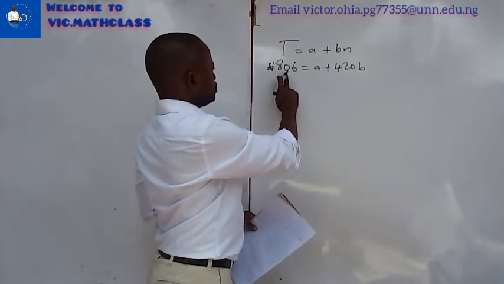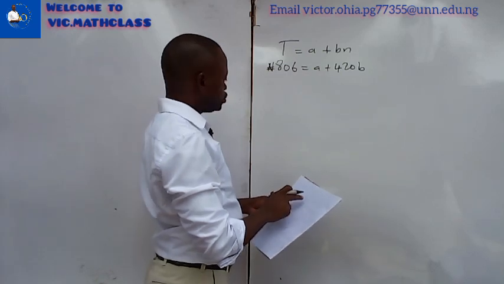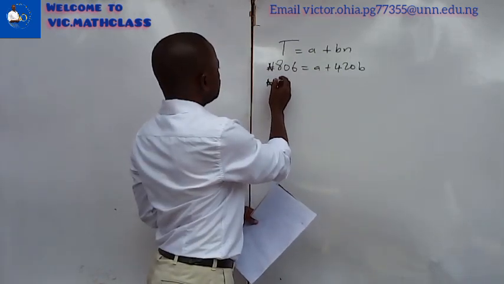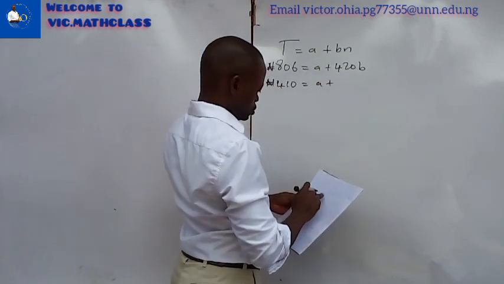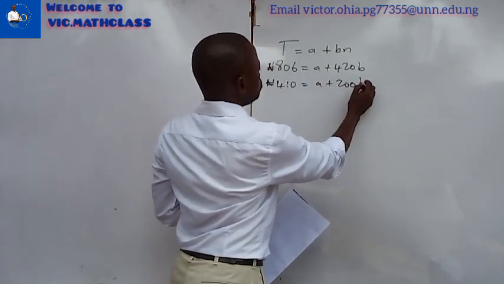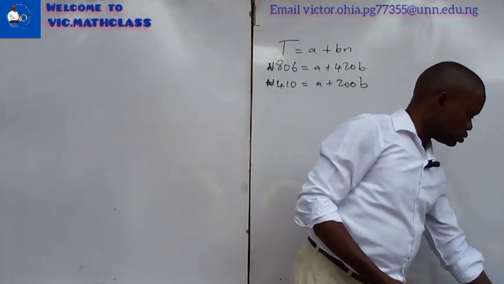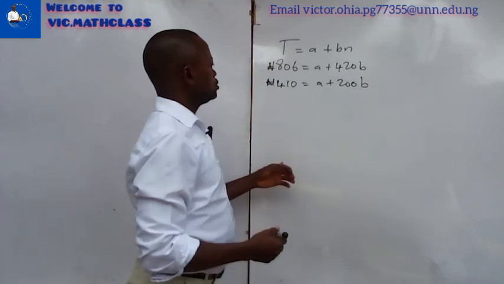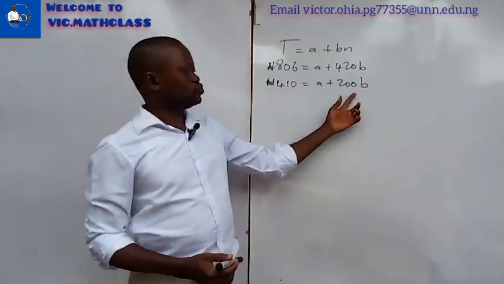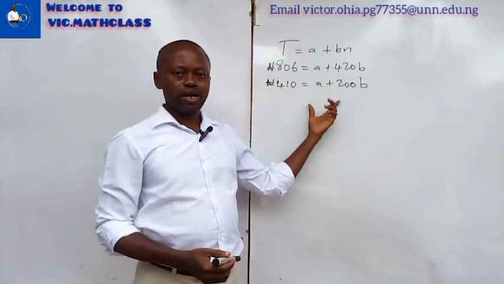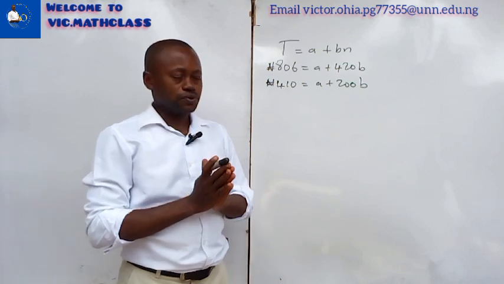While the bill for 200 units of call is 410 naira, so we have 410 equals A plus 200B. If you look at these two, you realize that it is equations in two unknowns, which we normally solve simultaneously.